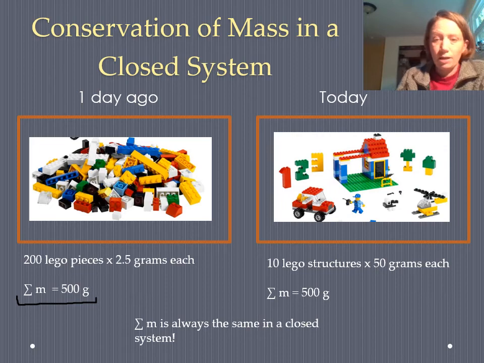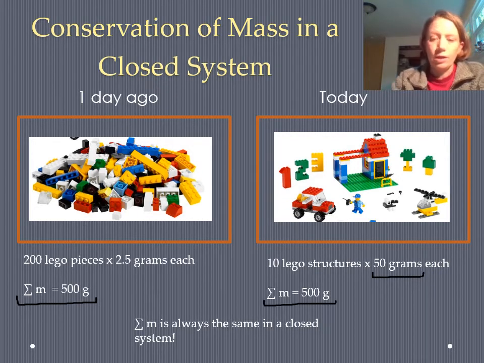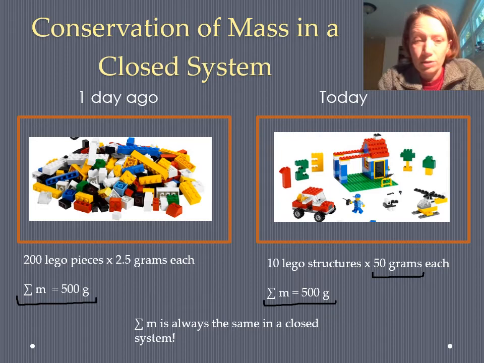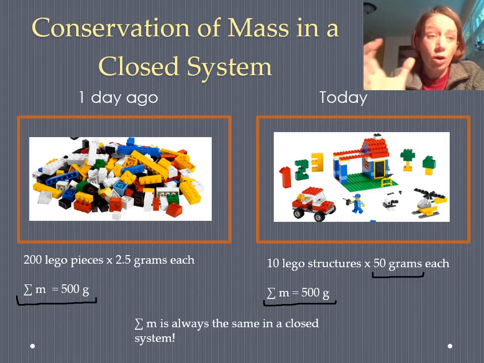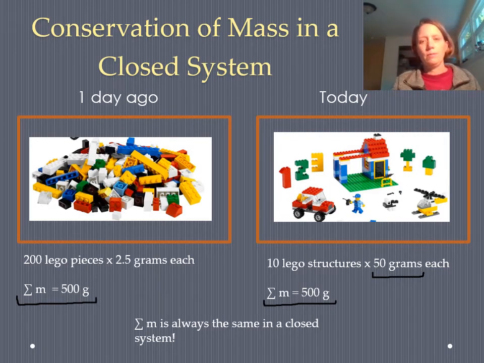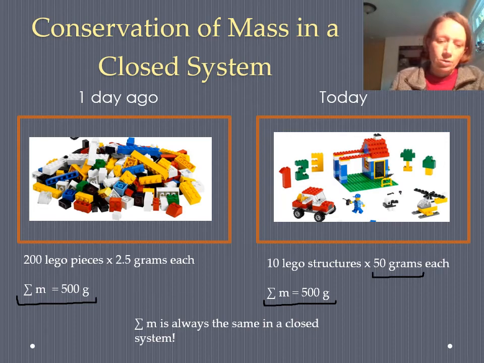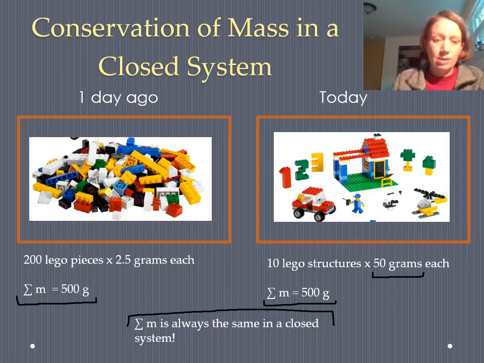We now have 10 Lego structures they've built, and if each of those structures is 50 grams, you'll see that sigma m for the Legos is still 500 grams. No matter how the Legos look, if I put them on a scale and measure them, the mass hasn't changed. So this is true in any closed system. Sigma m is always going to be the same. We're going to have the same mass before as we have after if we're talking about a closed system.